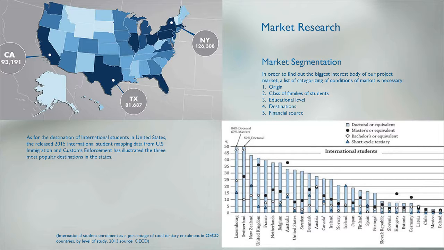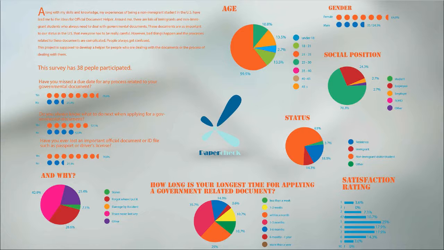Besides, the destinations of the international students in USA are California, Texas, and New York. The origin of the international students are mainly China, Japan, and Korea and other Asian countries.